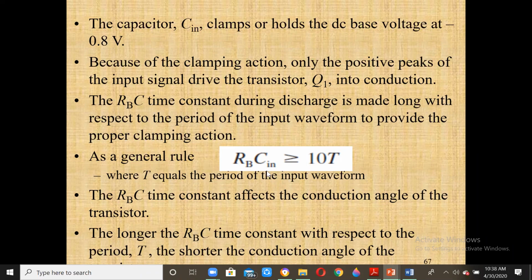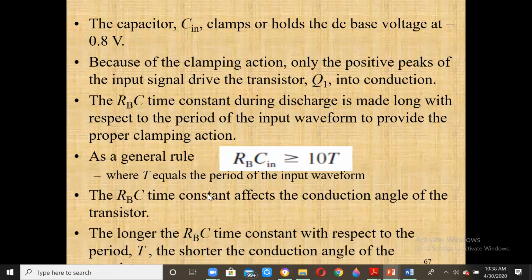As a general rule, we choose RB Cin to be much greater than 10T, where T is 1 by FR, FR being the resonant frequency. So it will be considered 10T so that the capacitor will not discharge during the rest of the period. Here T equals the period of the input waveform.